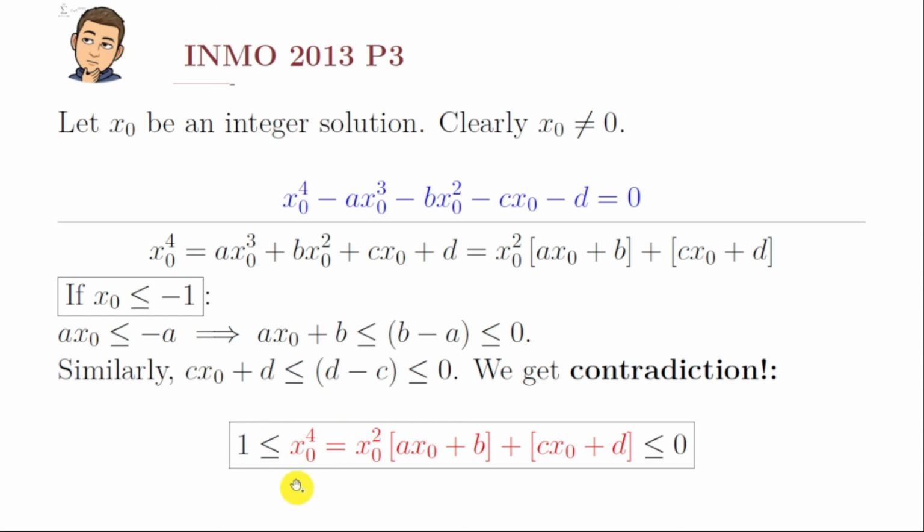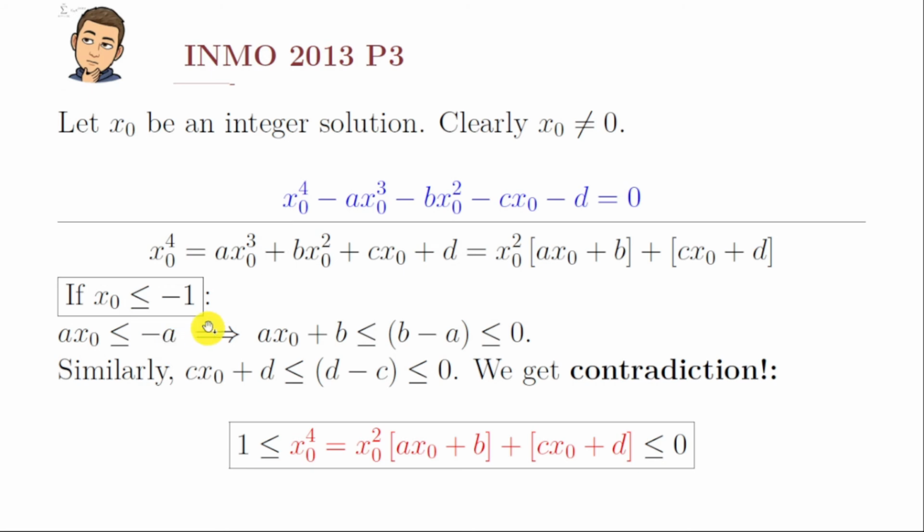And then x0 to the power of 4 is equal to all of this. Although x0 squared is positive, ax0 plus b is non-positive and cx0 plus d is non-positive. So all of this will be non-positive. We get a contradiction, so this proves that the solution x0 cannot be negative.